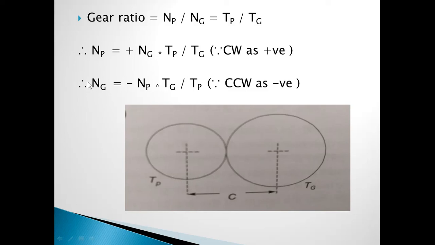Second, the speed of gear is equal to Np, the speed of pinion, into Tp by Tg, but a negative sign appears because as the pinion rotates clockwise, the gear rotates in a counterclockwise direction.